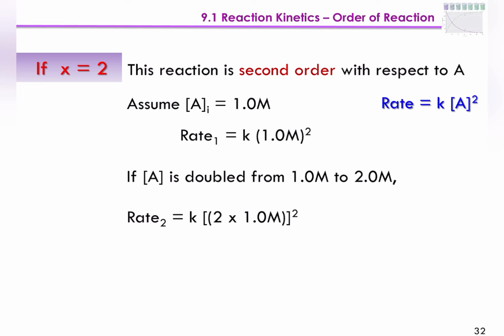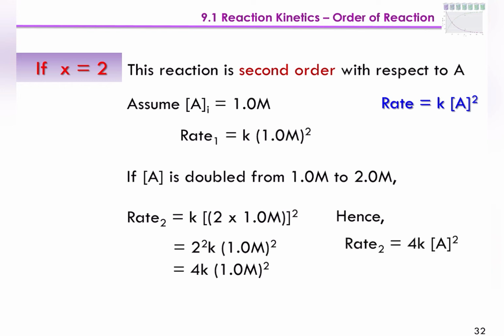So as you see from here, we take out the square, the power. So you will have it like this. And 2 to the power of 2 is 4. So my value is going to be 4K. Hence, what can you say from here? Rate 2 equals 4K times the concentration to the power of 2.